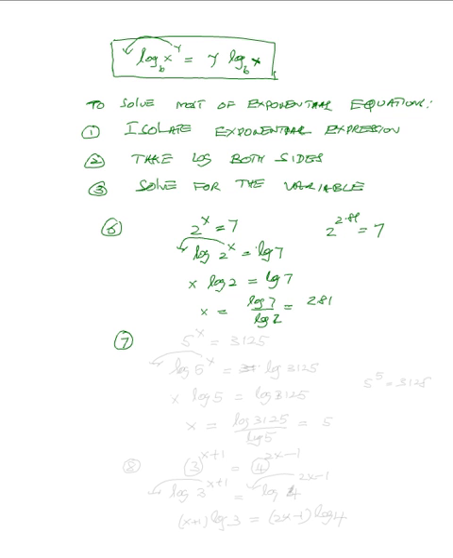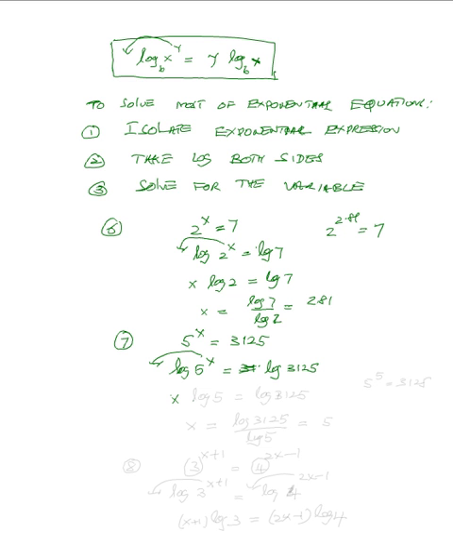I call it example 7. 5 to the x equals 3125. Now if you would like to solve this as we did before, we take log both sides. Log 5 to the x equals log of 3125. So again, this x can be brought up here.